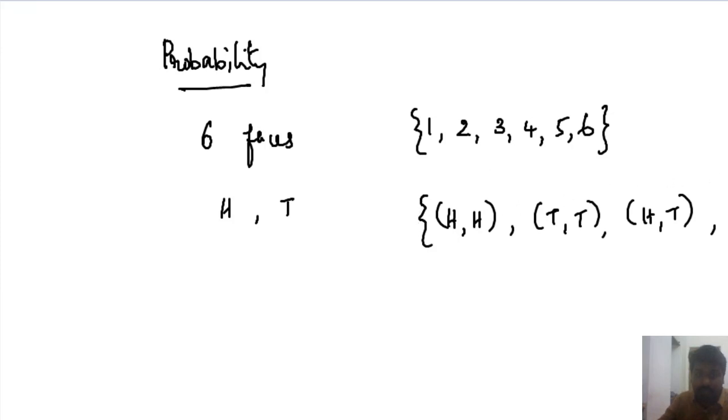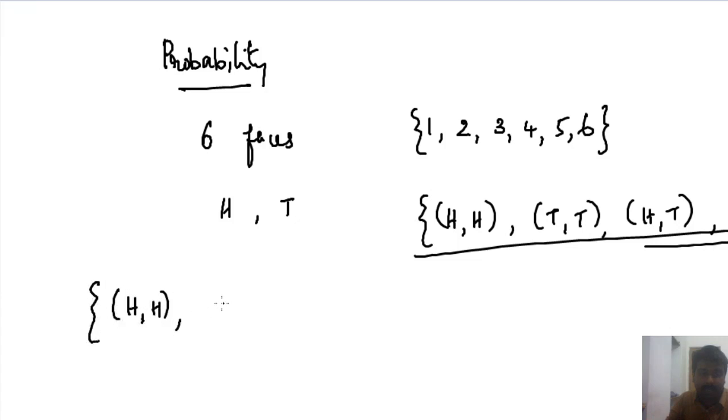So the experiment we conducted here is the tossing of two coins. This is the sample space. You have four elements: HH, TT, HT and TH.